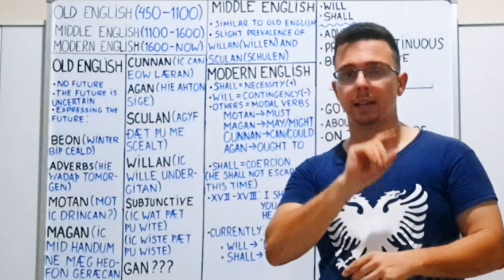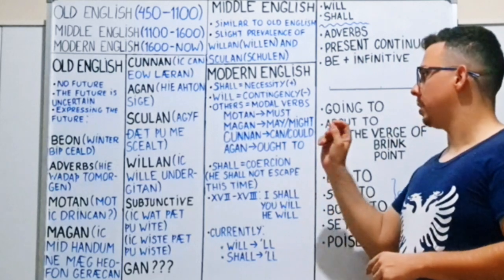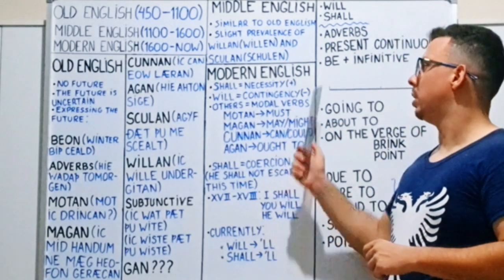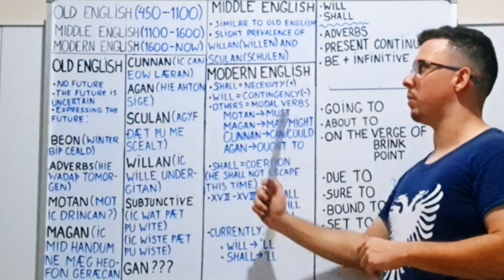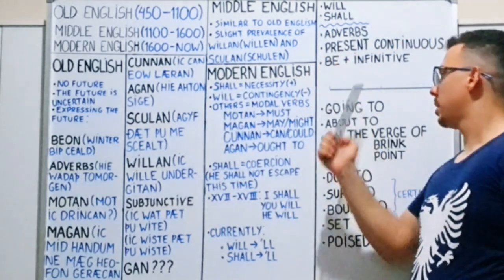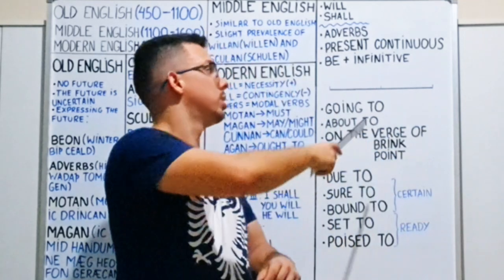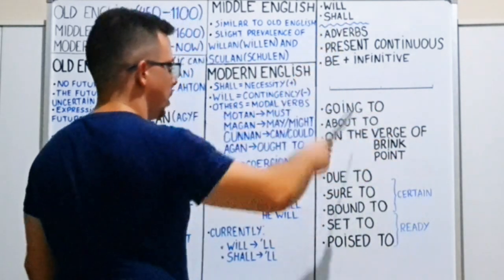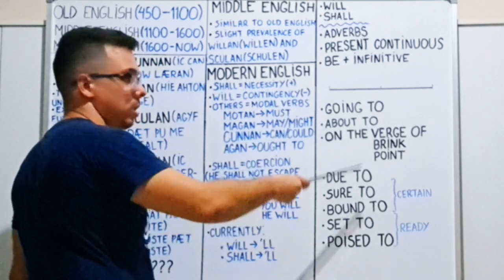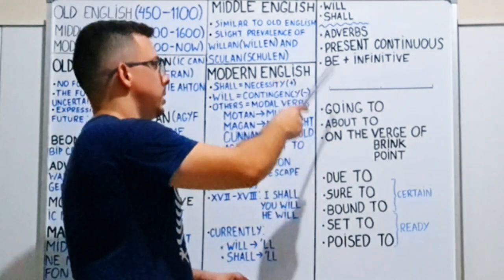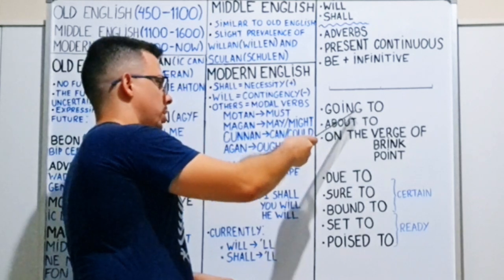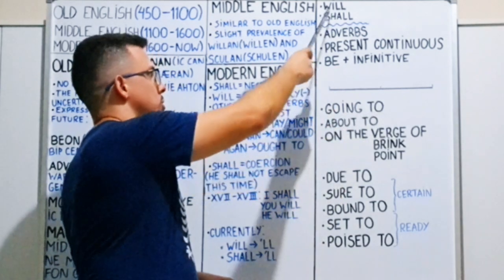Oh, and don't forget, I will post a second video that will not address the history of the future in English. It will just address this part right here, the future in the 21st century, because as I said, this is very complicated. Sometimes when you think you are going to use "going to," you have to use "will."